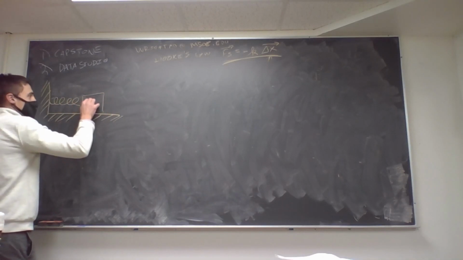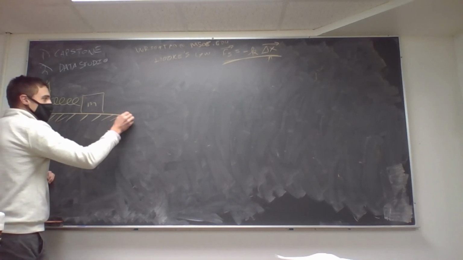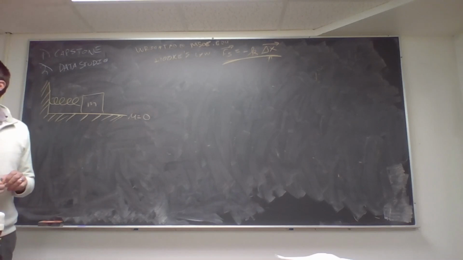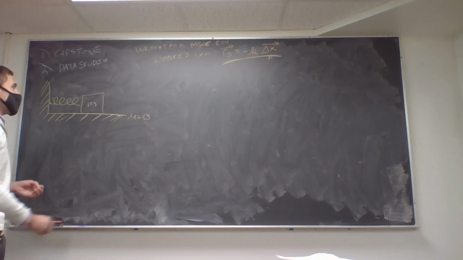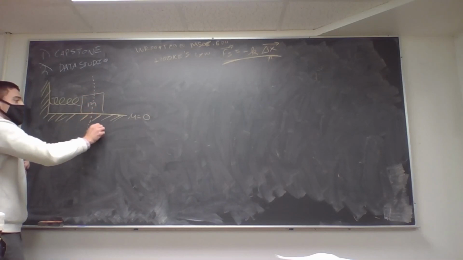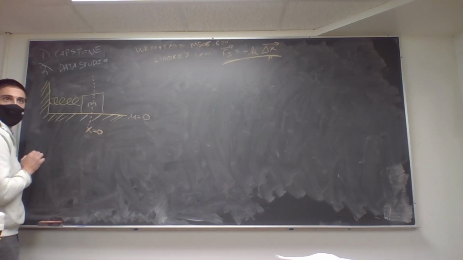It's attached to a block, say of mass m. There is a floor here that is frictionless, so mu is 0. Okay? I will set this position here to be the equilibrium. So this is the equilibrium position of the spring, and I will set x equals 0 at the equilibrium location.